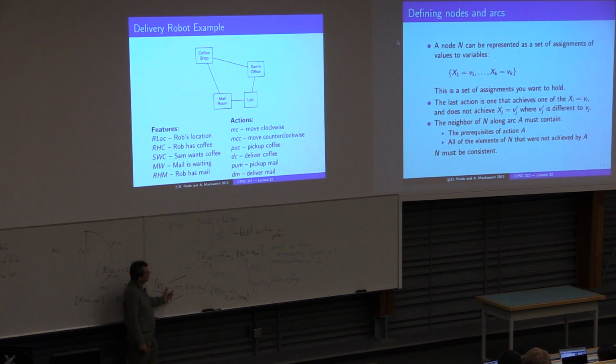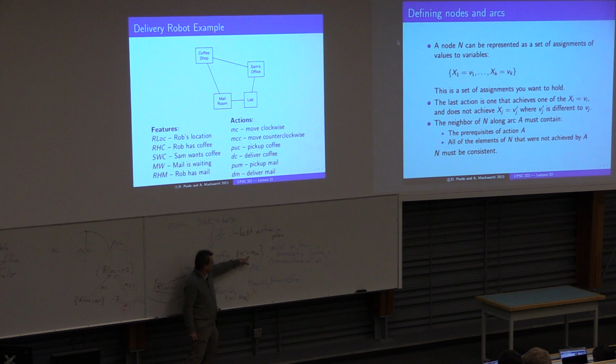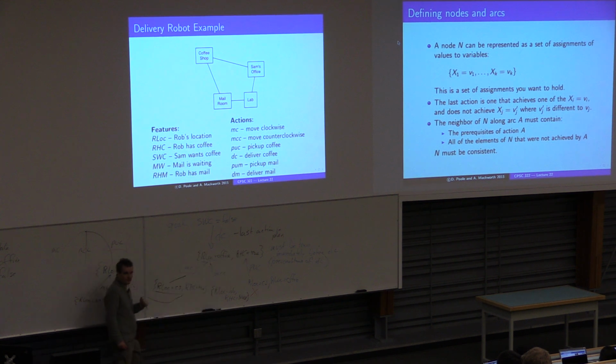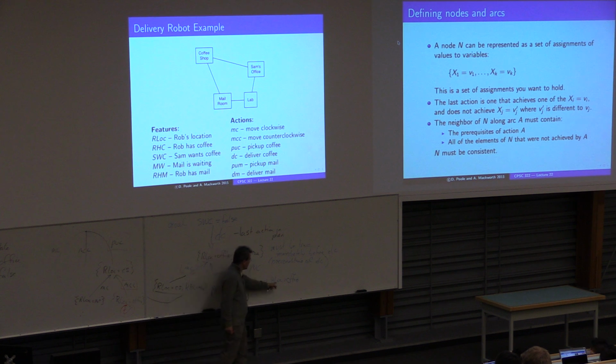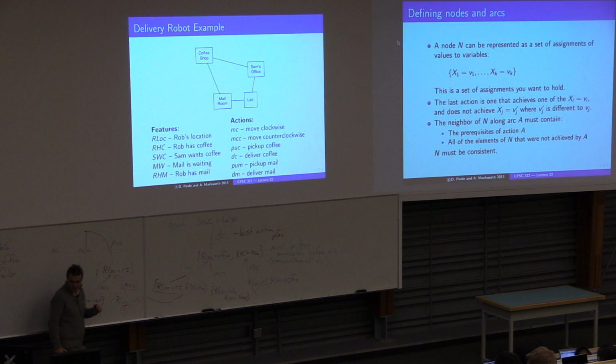And it also must achieve all the elements of n that were not achieved by A. So this action here, move clockwise, didn't achieve this, and this wasn't on the effects, it had to be true beforehand. And the neighbors must be consistent. We ruled this one out because it wasn't consistent, because it couldn't be in two different locations.